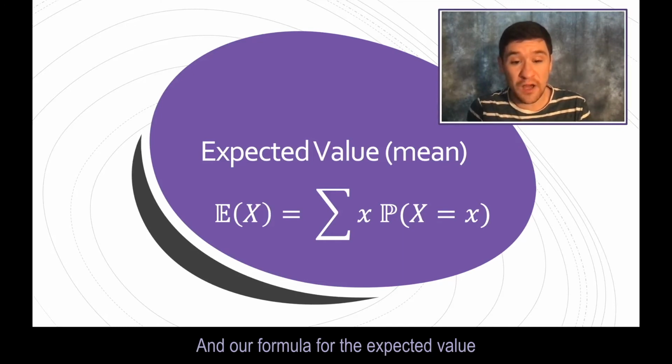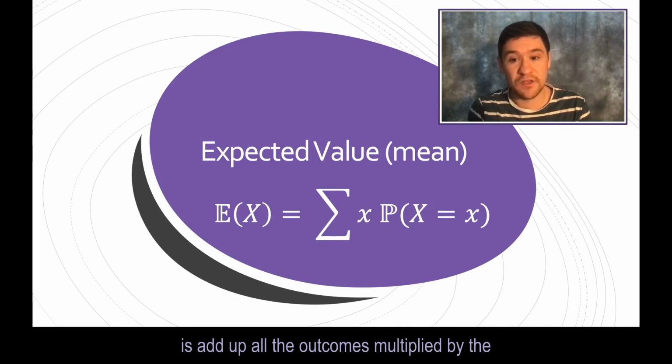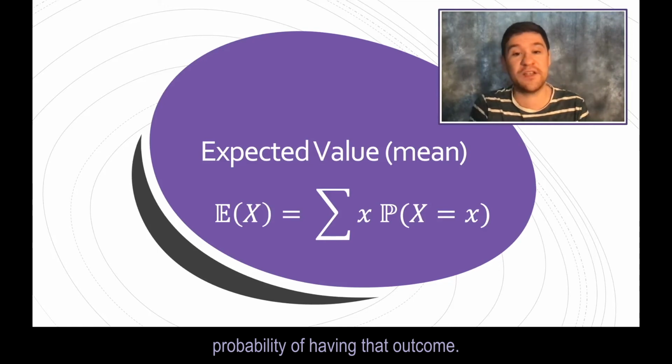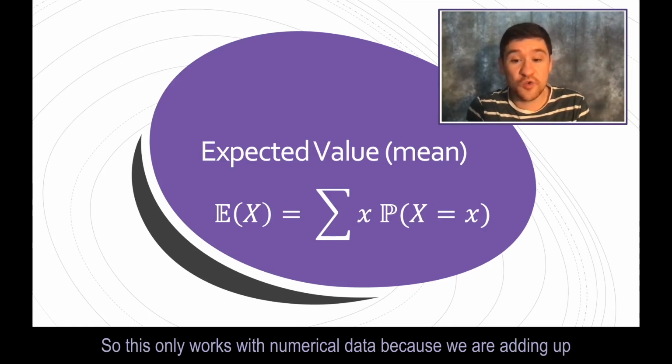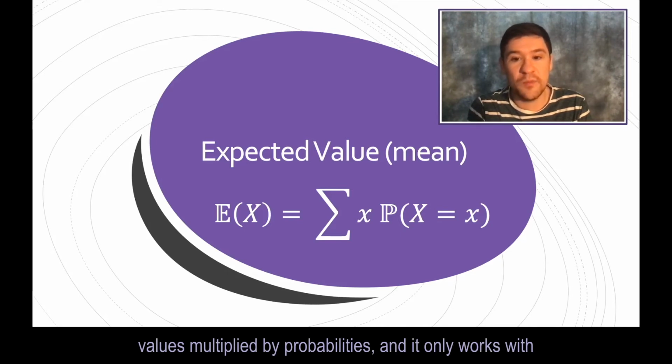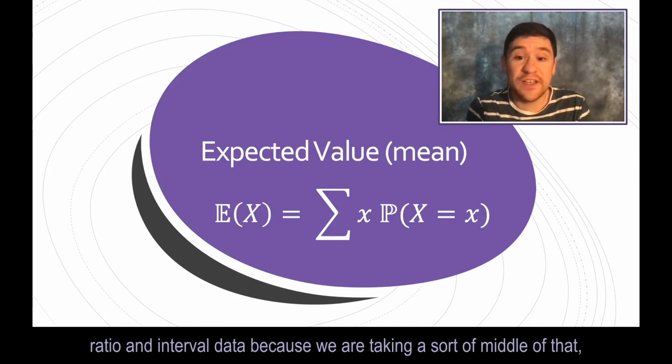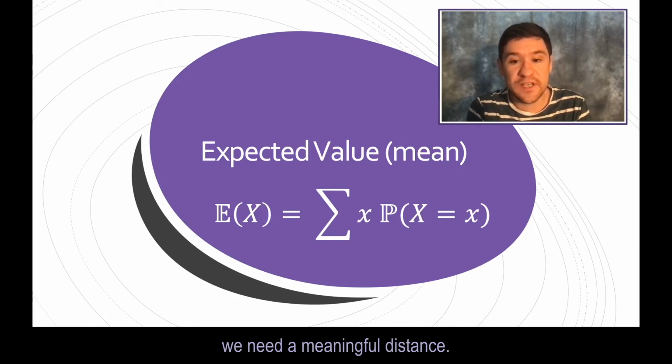And our formula for the expected value is add up all the outcomes multiplied by the probability of having that outcome. So this only works with numerical data because we're adding up values multiplied by probabilities. And it only works with ratio and interval data because we are taking a sort of middle of that. We need a meaningful distance.